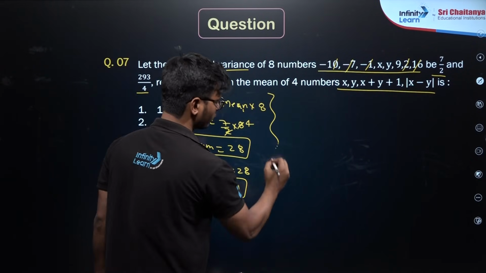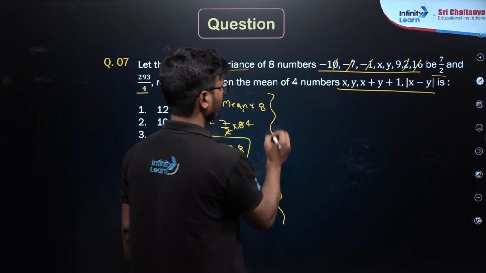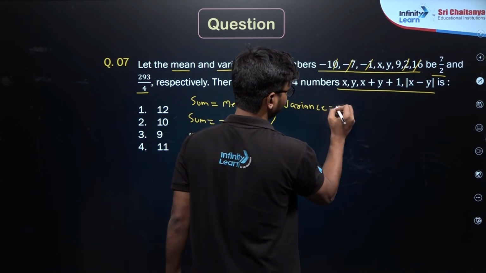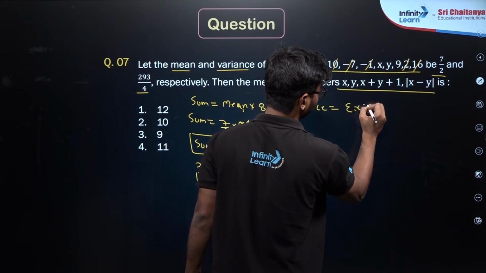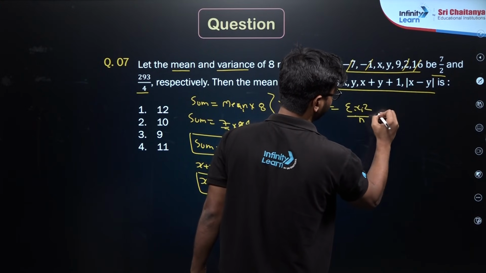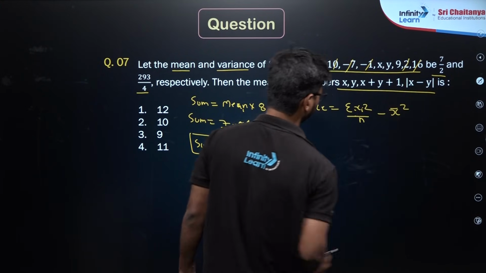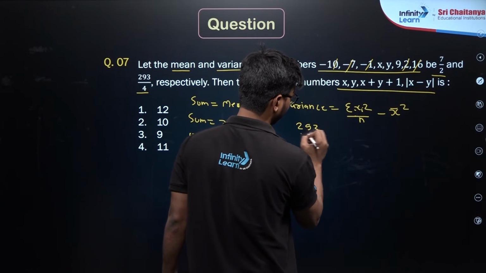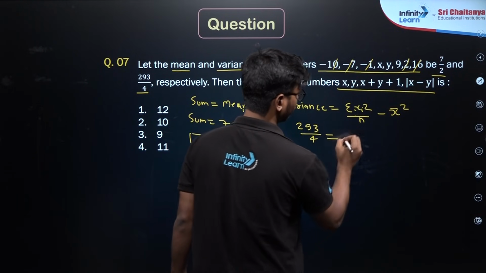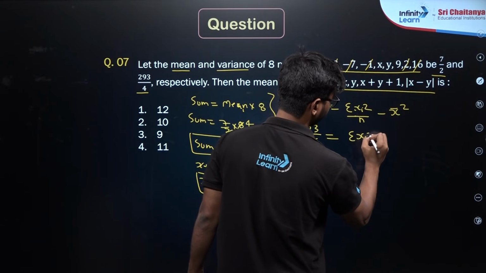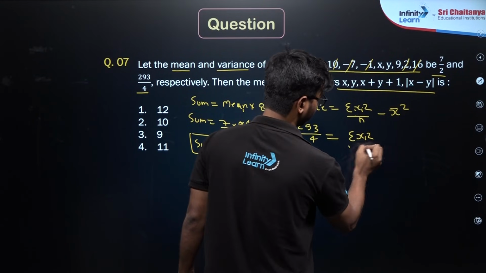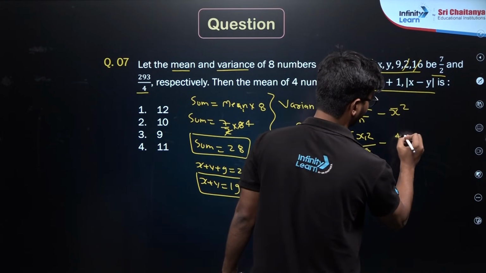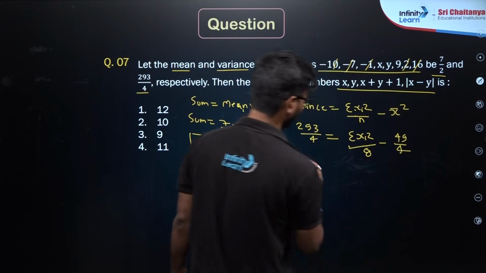Next, we are going to use the variance now. So we know what variance is. Variance is given by the summation of xi the whole square upon n minus the mean the square, correct? And variance is given as 293 by 4, which is equal to the summation of xi the whole square upon n, where the value of n is 8 here, minus 7 7s are 49 upon 2 2s are 4. I can multiply throughout by 4.